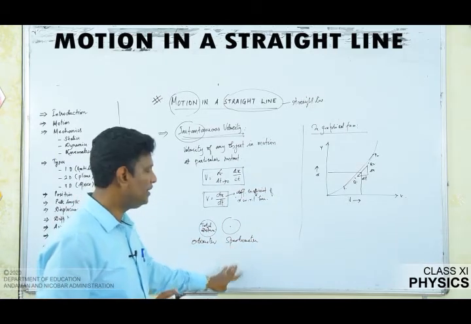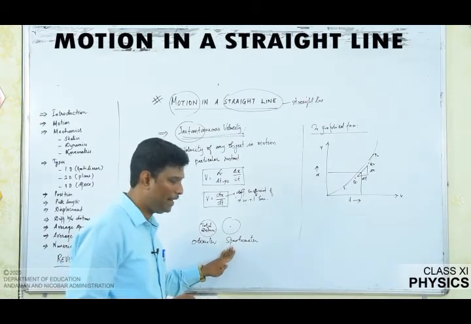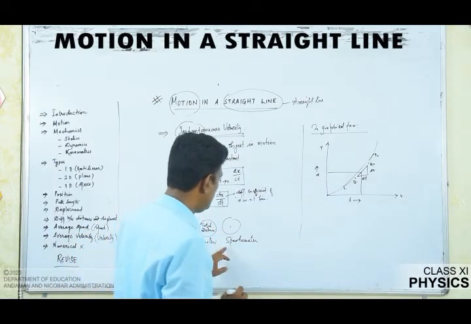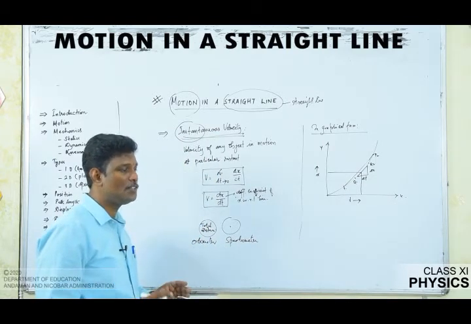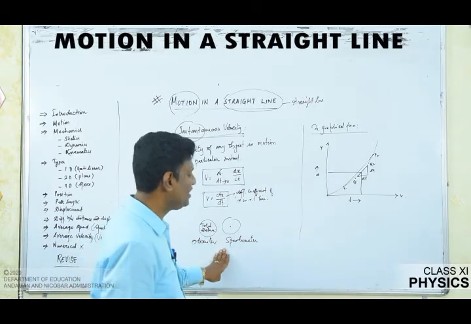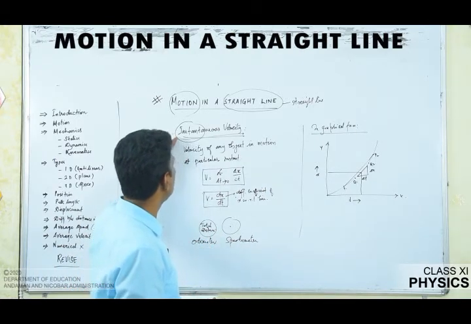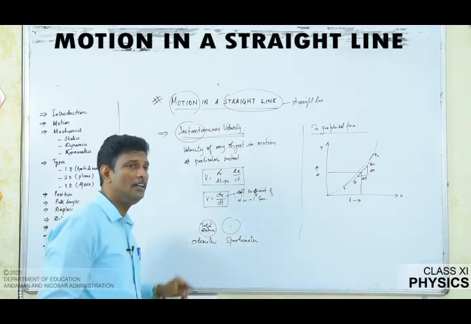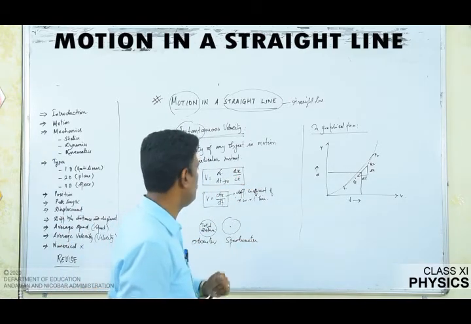Speedometer is the instrument which shows the velocity of that bike at that instant of time. That means, at a particular time, the exact velocity of the bike is shown by the speedometer. So, that is similar to this. Instantaneous velocity is the velocity which gives the velocity of the object at that particular instant of time.